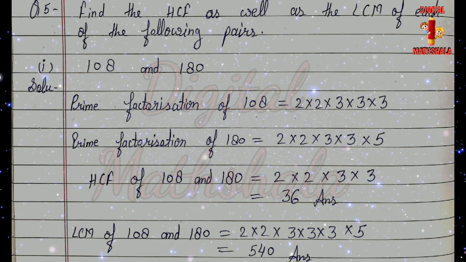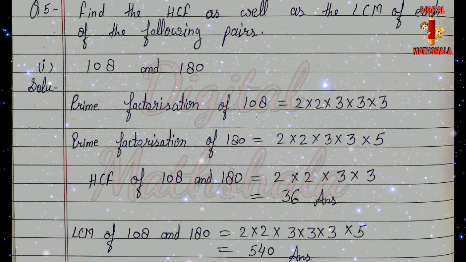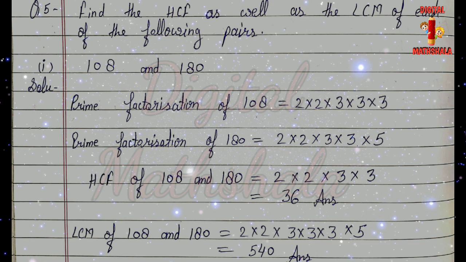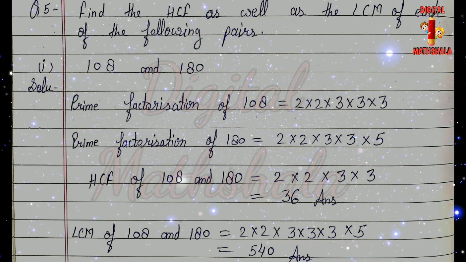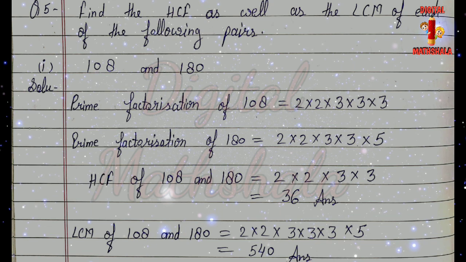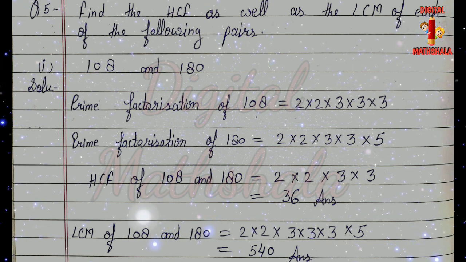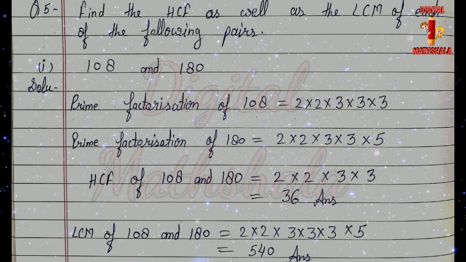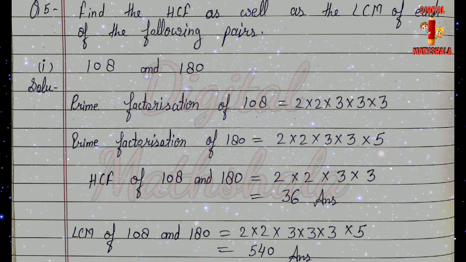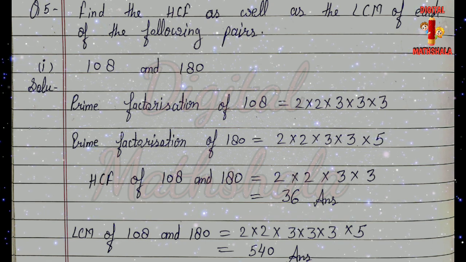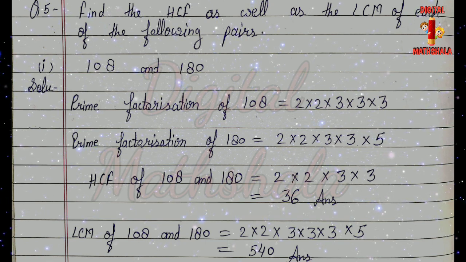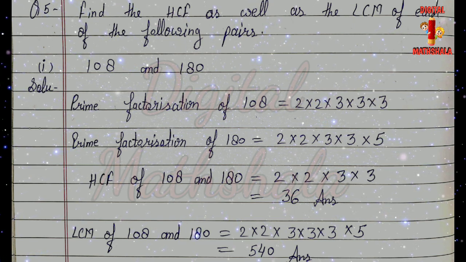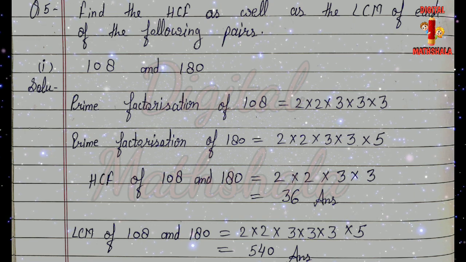So here you can see the HCF. For the HCF we write how many factors are common in both the numbers. 2 appears twice in both the factorizations, so we will take 2 twice. 3 appears thrice in the factorization of 108 and twice in 180, so we will take 3 only twice, because 3 multiply 3 is common in both.